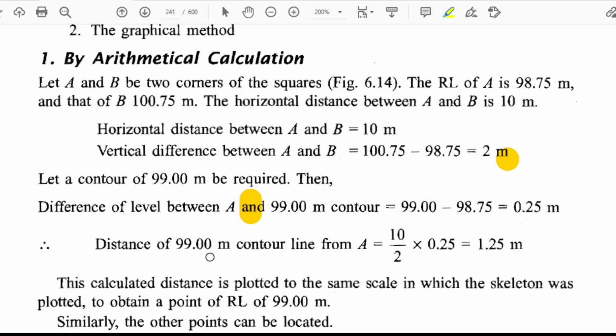The distance of the 99 meters contour line from A equals, here 10 meters is the horizontal distance and 0.25 is the vertical difference between the 99-meter contour and the 98.75 meters level.